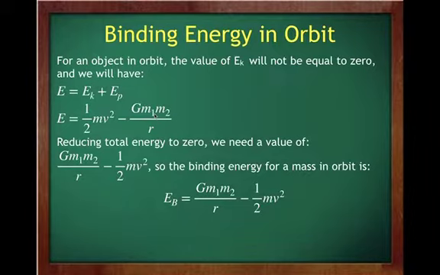So if we want the binding energy, reducing the total energy to 0, what you'd end up having to do is add the opposites there. So then this term would be negative and this term would be positive. That would be the binding energy there. Okay, so just a neat little extension in terms of binding energy.